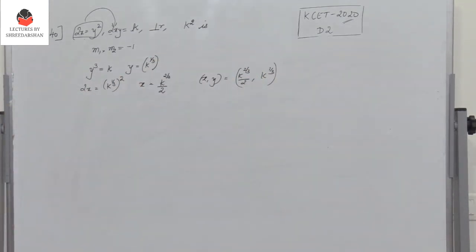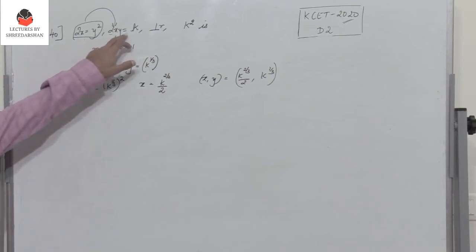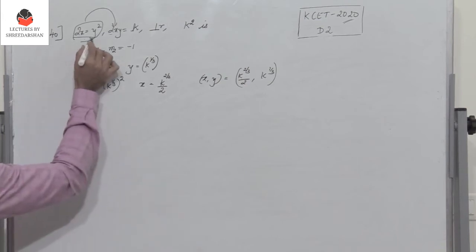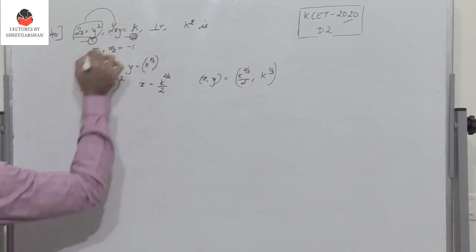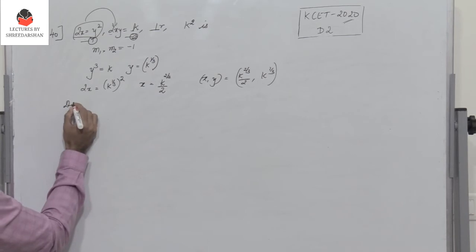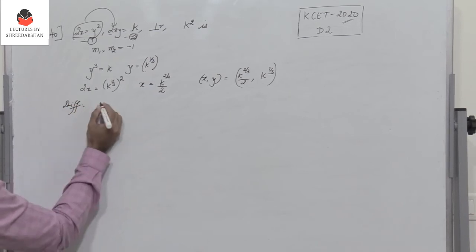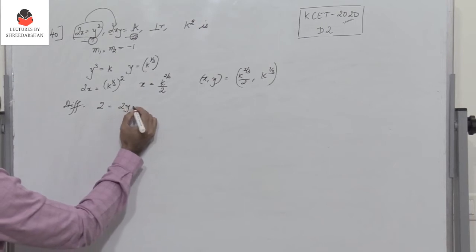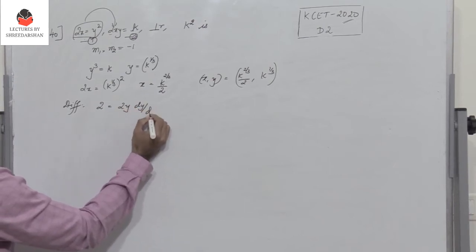So next I need to find the slope corresponding to the first and the second one. Right? So if I call this expression 1 and this expression 2, differentiating expression 1 with respect to x, I get 2 equals 2y dy by dx.